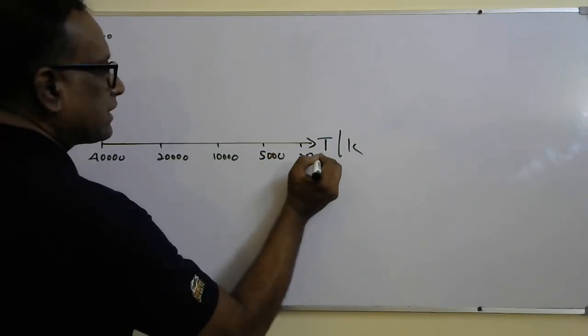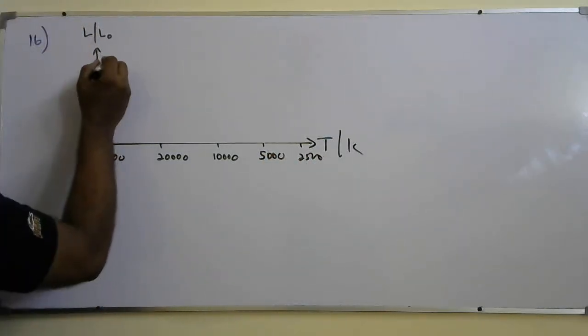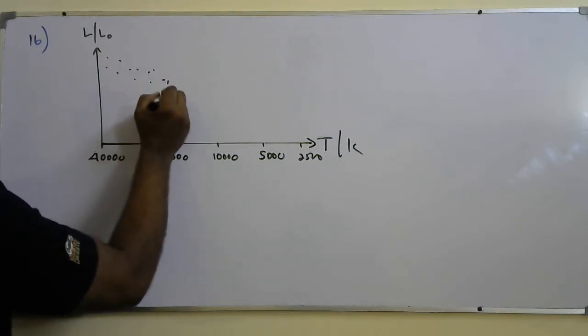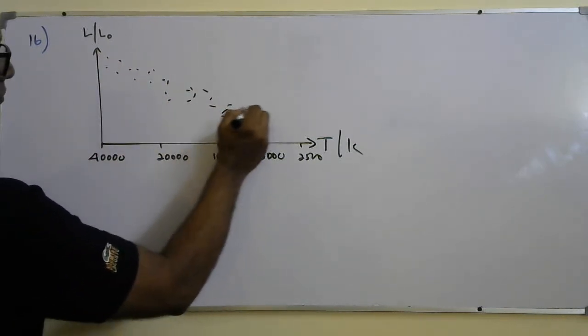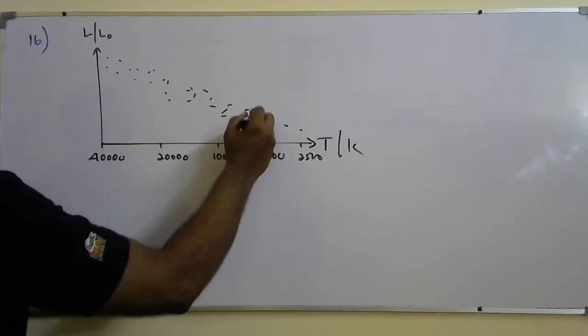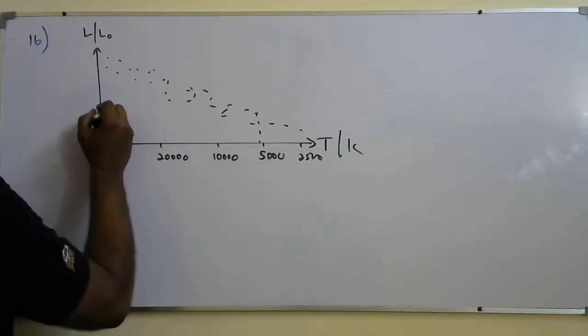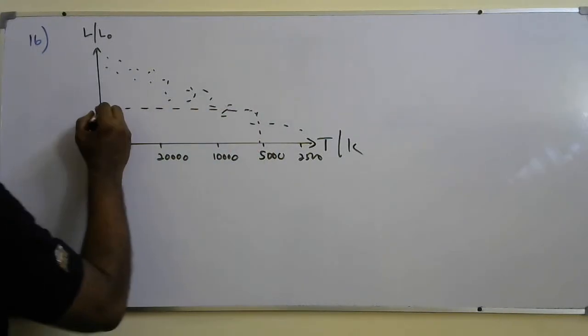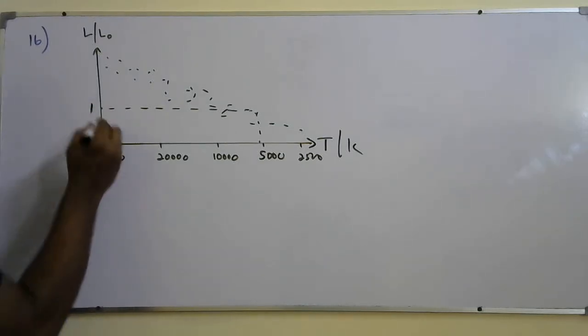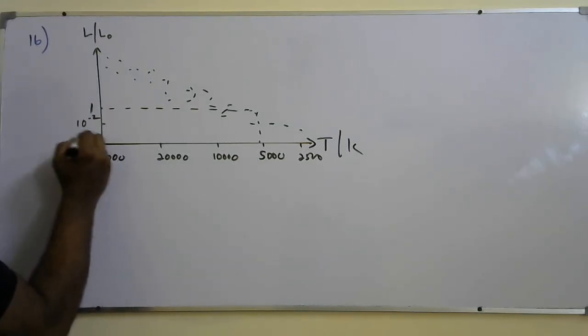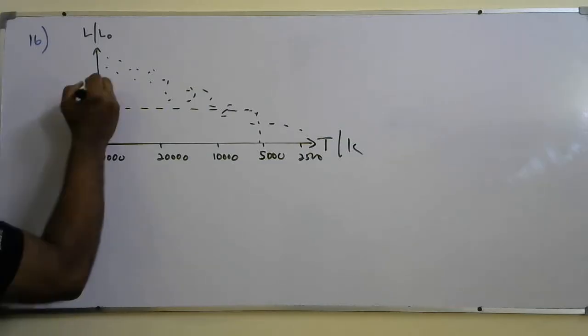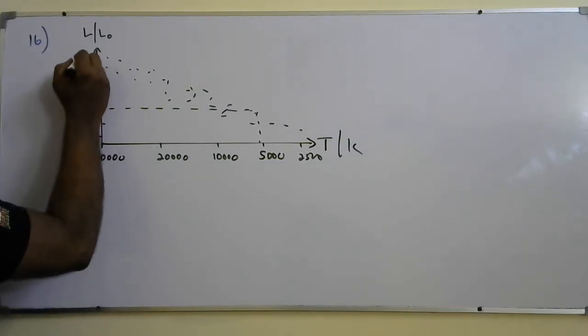The main sequence is somewhere here, and the Sun is somewhere here, where the relative luminosity is 1. Then 10 to the power minus 2, 10 to the power minus 4 can go here, and 10 to the power 2, 10 to the power 4 can go up.